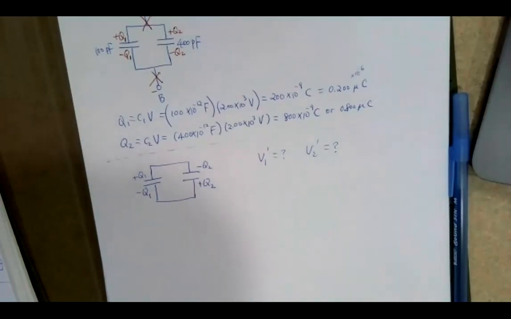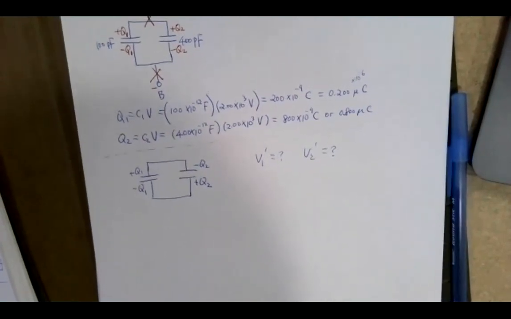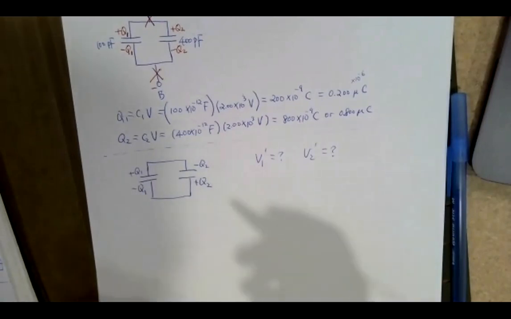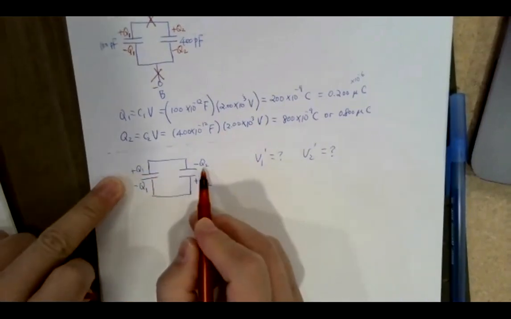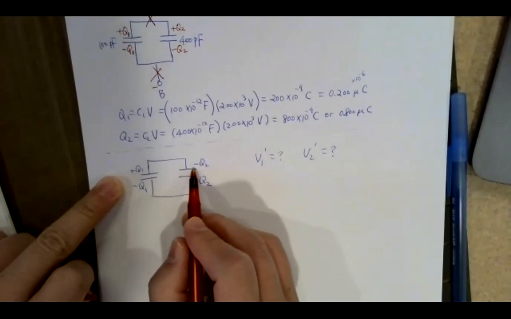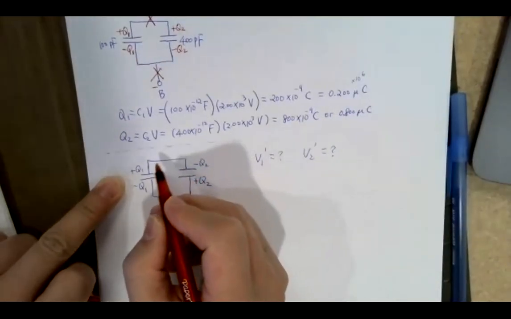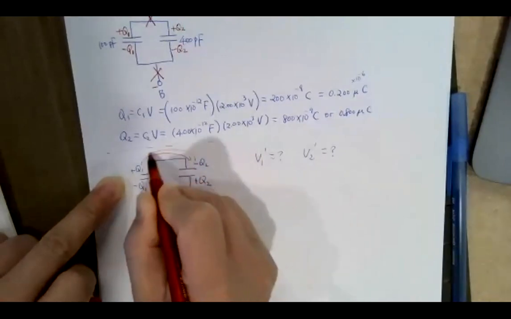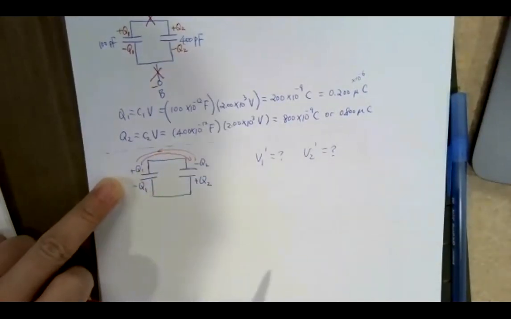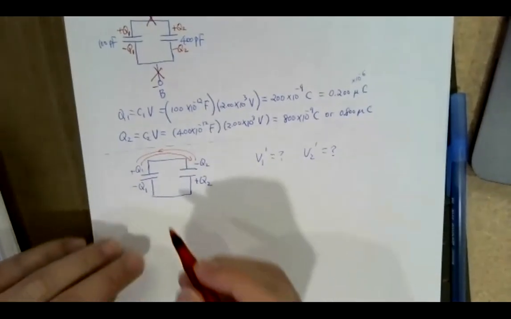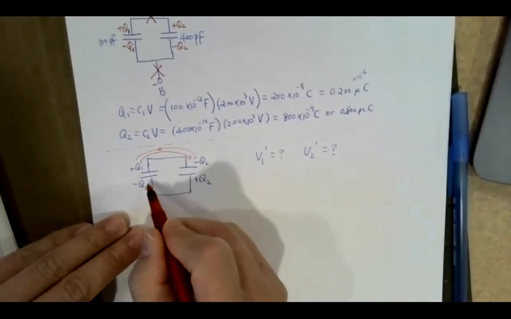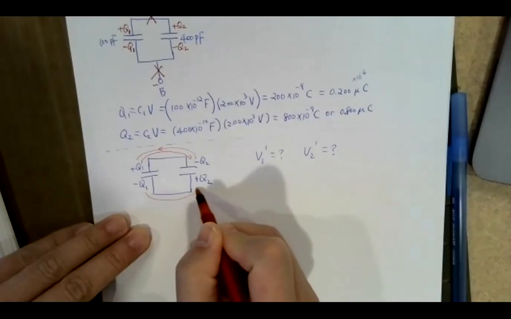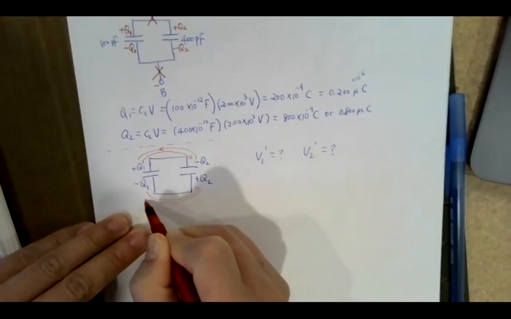So if you have them reconnected this way, because now there's positive charge connected to negative charge, you can see there will be redistribution of charges, right? The positive will flow to the negative side, and at the same time, the negative will flow to the positive side. Okay, and then also on the bottom plates, they will have charge redistribution again.